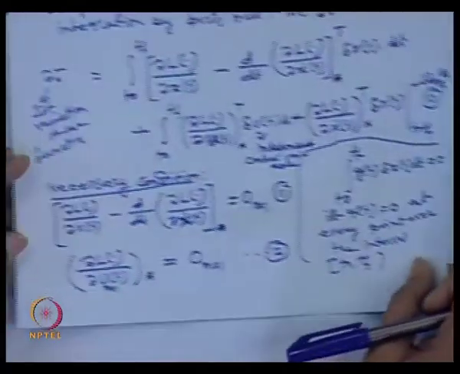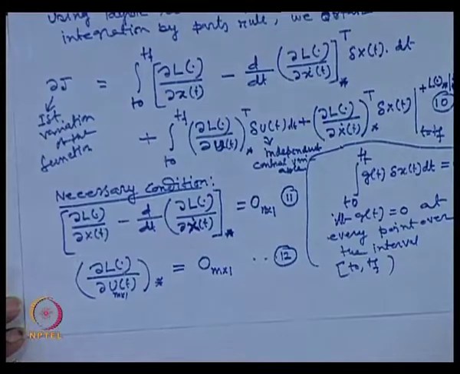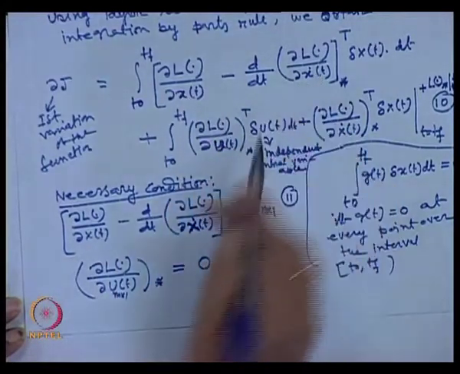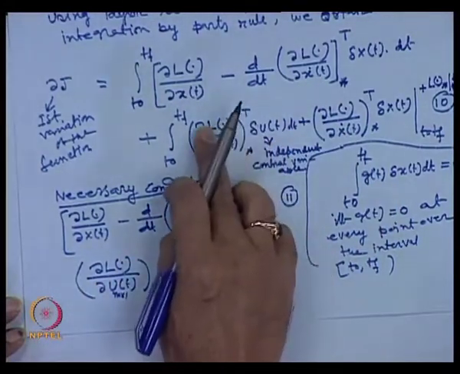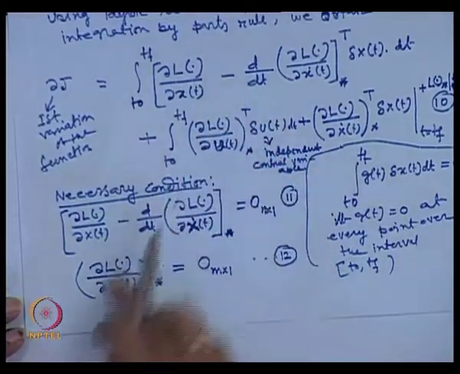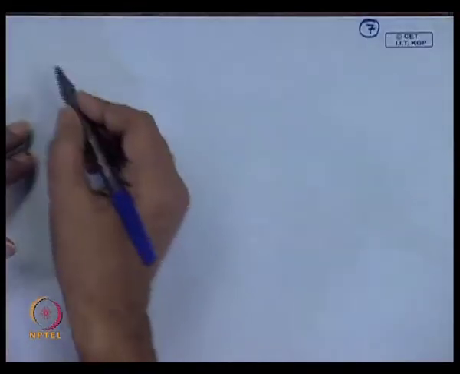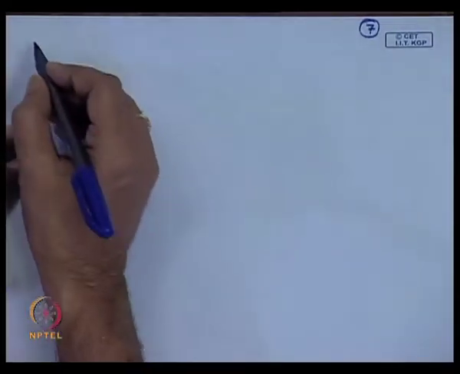When we use the lemma, this equals 0 and del L with respect to u transpose equals 0. Those are the two necessary conditions. In addition to that, delta j, the first variation of the function, is still not 0. What is finally left over?